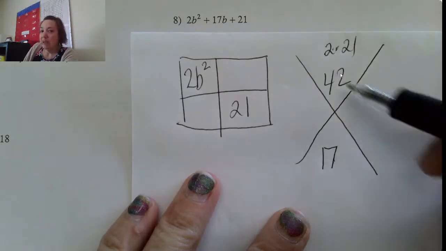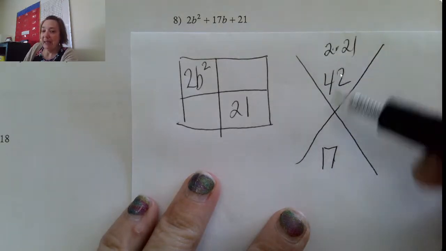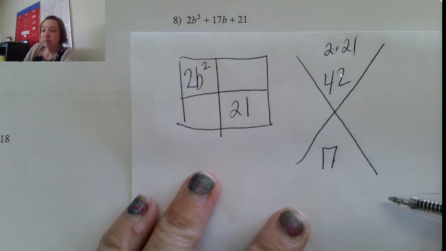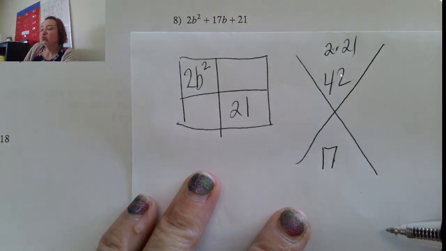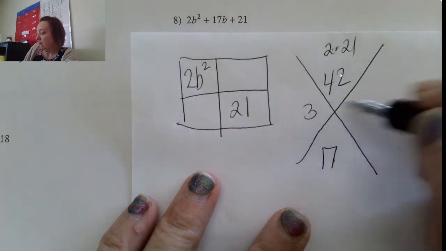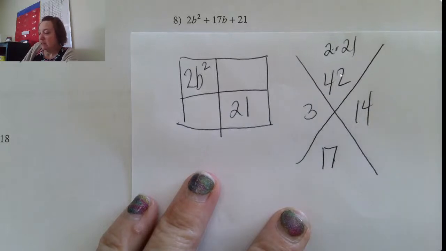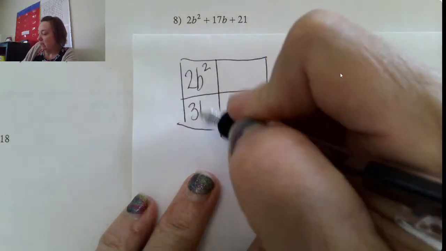So what multiplies to get 42, but adds to get 17? Let's find out. 3 and 14. So 3b and 14b.